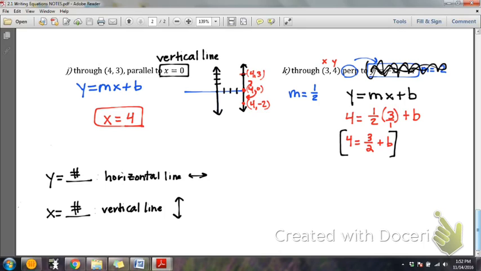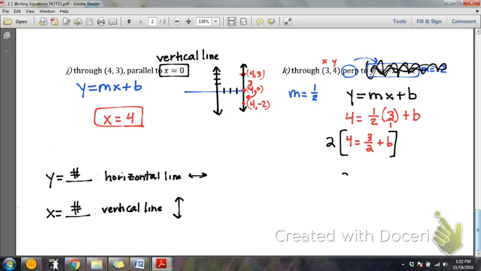The denominator is 2, so we're going to multiply the entire equation by 2, and that's going to get rid of your fraction. You will have fractions in your homework today, which is why it's important that you're paying attention right now. Whatever your denominator is, you multiply the entire equation by that.